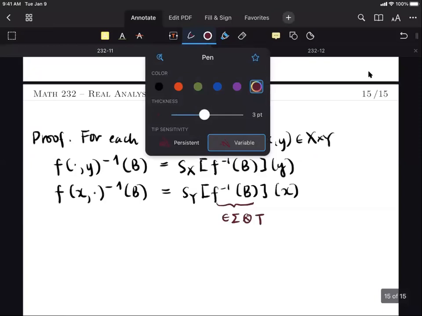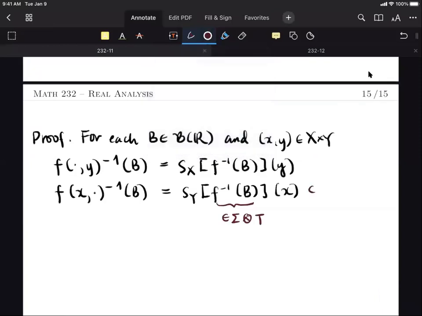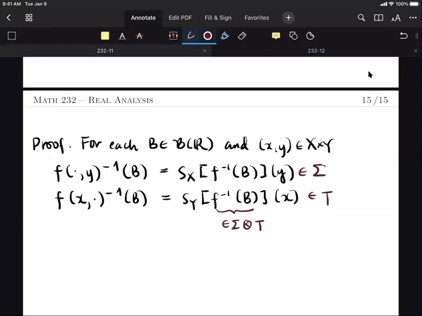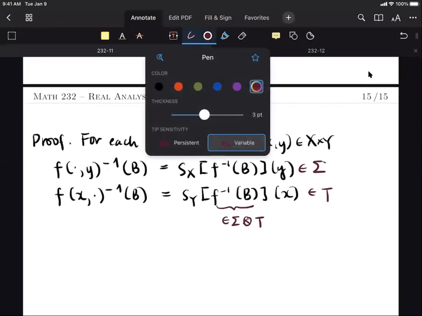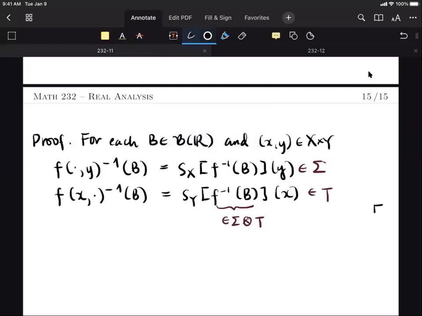So this implies that this section must be in t. This must be in sigma. And since this is valid for any Borel set, this implies the measurability of your trace functions.